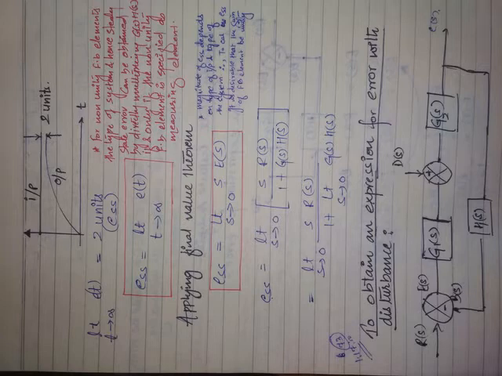When I write E of s is equal to R of s minus B of s, this B of s will indicate output if and only if H of s is 1.